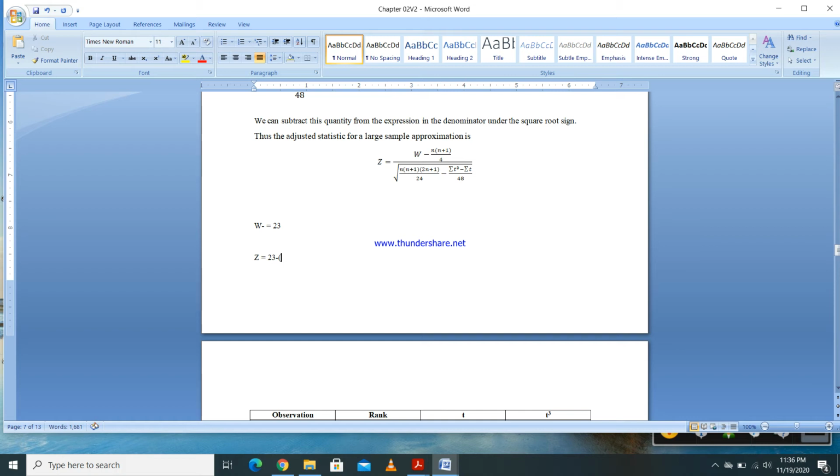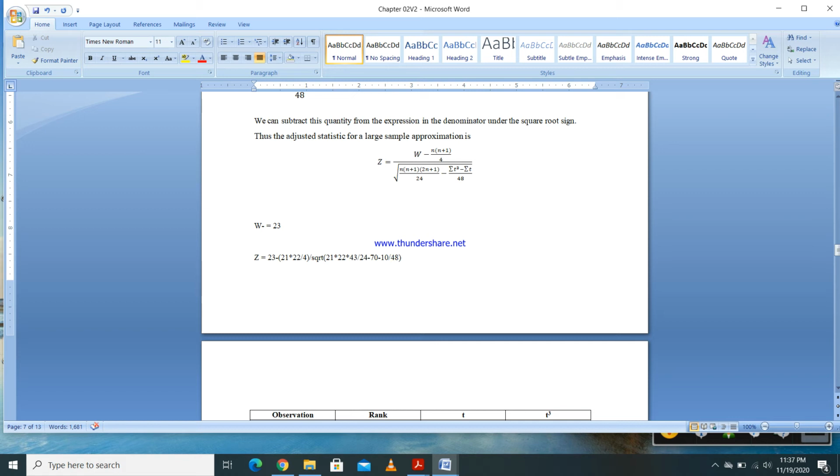And minus, then you have the n value here. We have n equal to 21, so 21 into 22, you divide by 4, and then the whole thing we have to divide by, then you have to take the square root of, the first formula: n is 21 into n plus 1 is 22 into 2n plus 1 is 43, divided by 24, minus the summation of t to the power 3, which we got as 70, minus the summation of t values, which we got as 10, divided by 48.